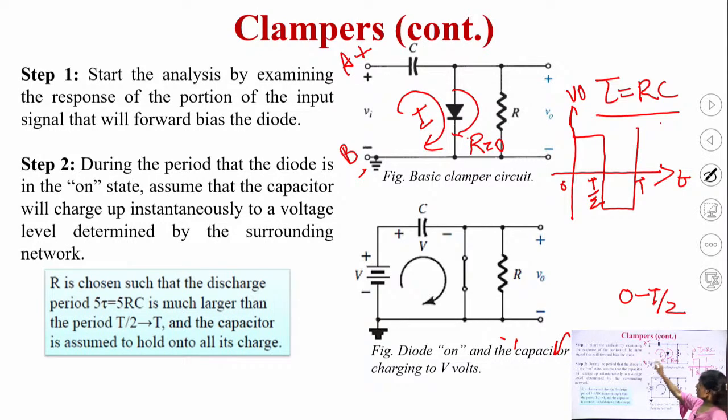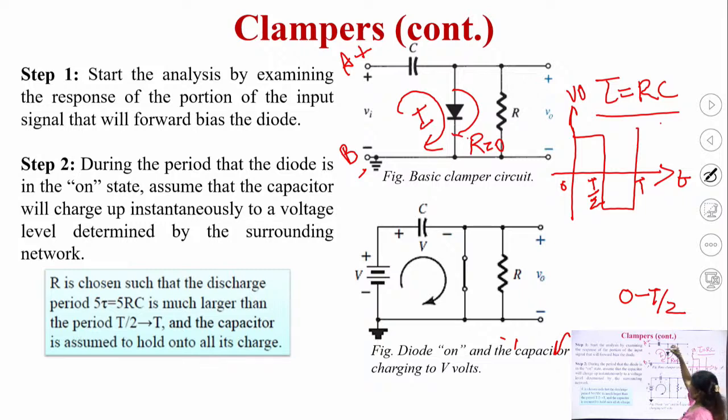This positive and negative will make your diode forward bias, and diode forward bias means we can start our analysis. Initially, we assume that all the capacitors are in a completely discharged state.